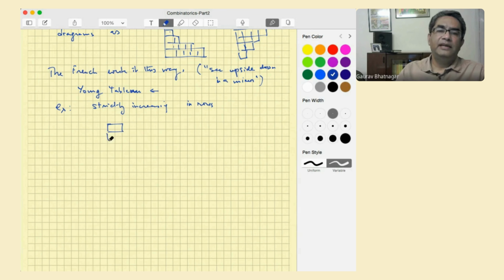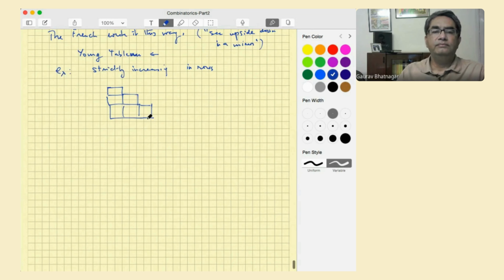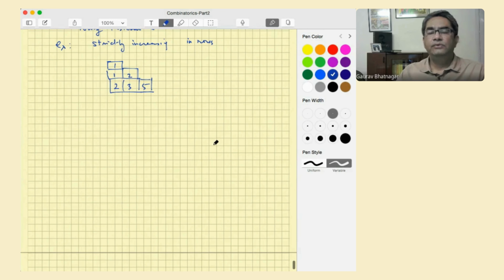We had this kind of example, something like this, and this was allowed. This was okay, and this corresponded to x1 squared, x2 squared, x3, and x5.